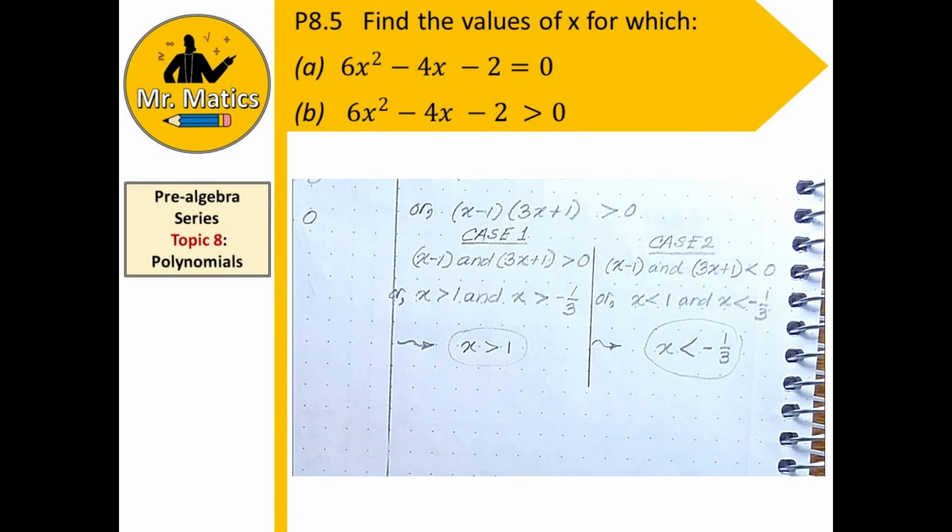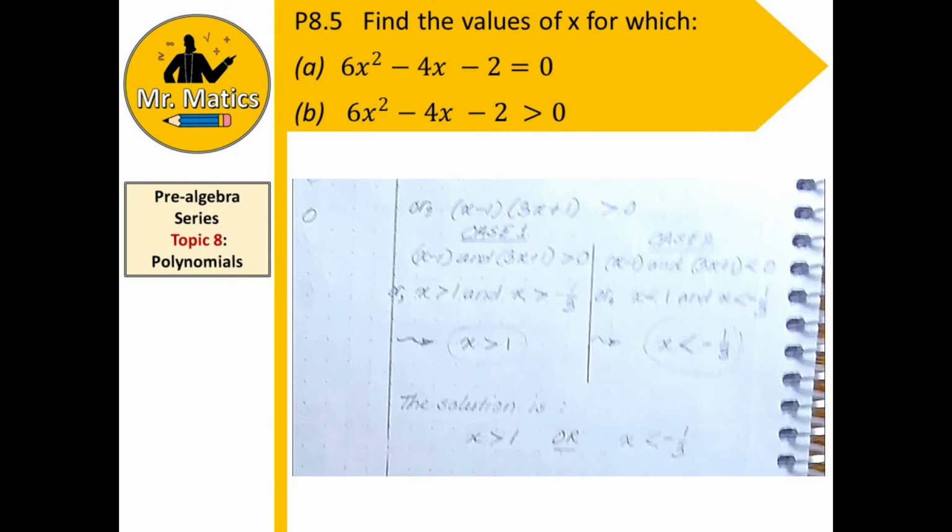So let's write the solutions. The solution is any x which is greater than 1 or any x which is less than negative 1/3.